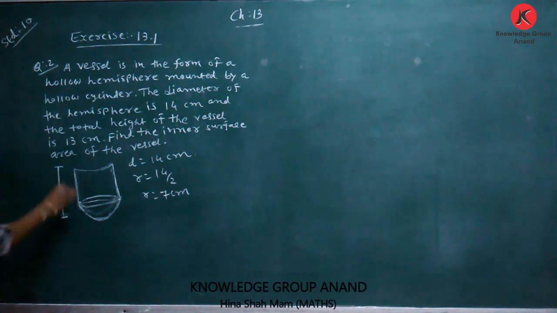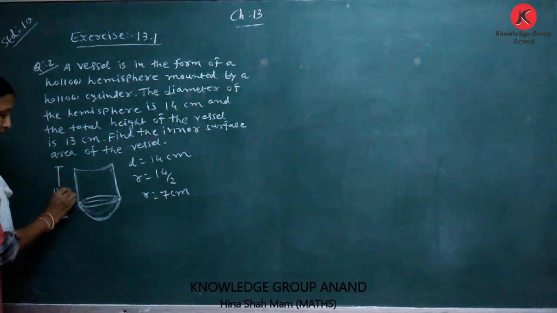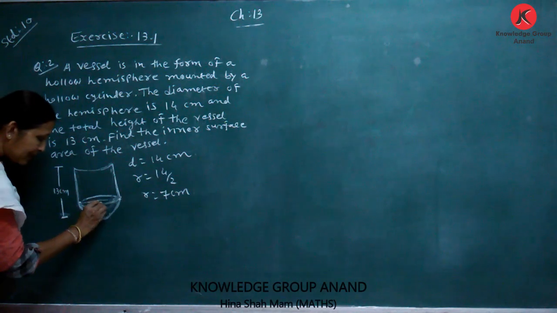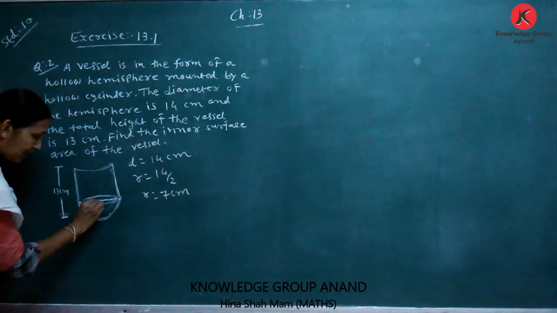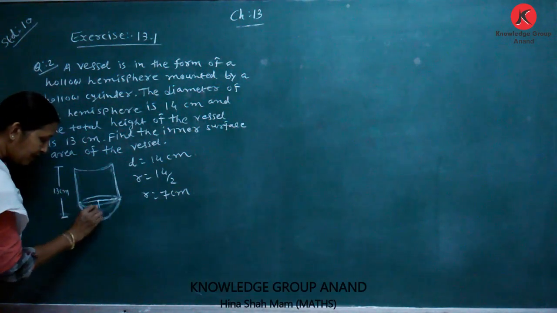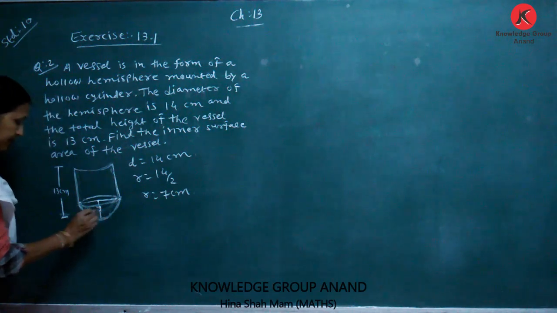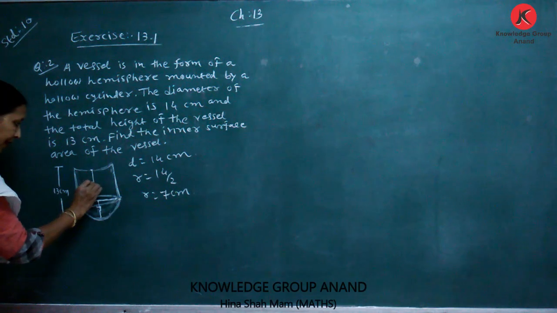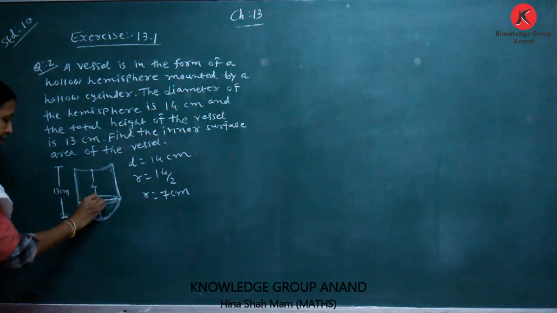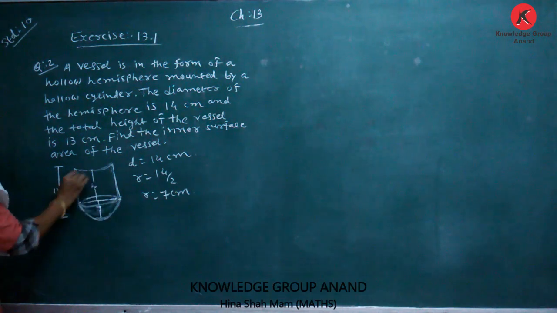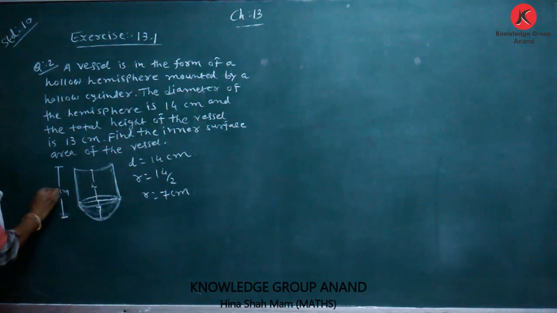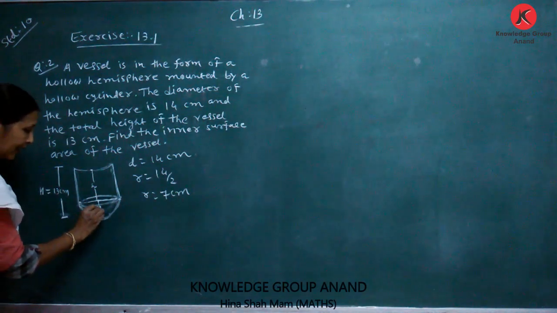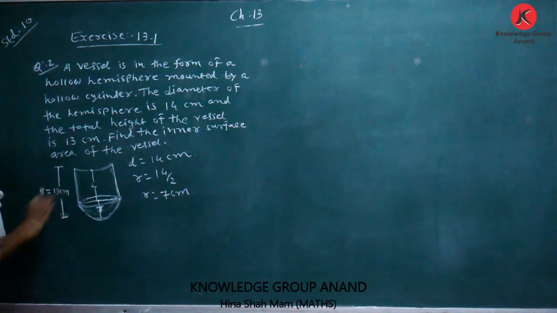But here the total height is 13 centimeter, and we need the cylinder height. Capital H is equal to 13 centimeter and R is equal to 7 centimeter.